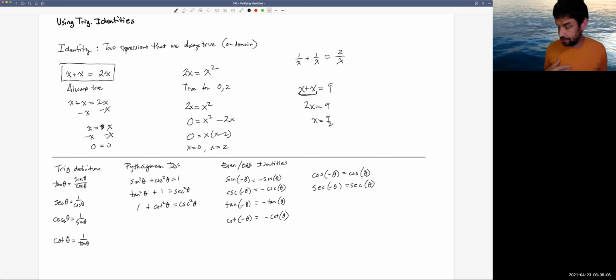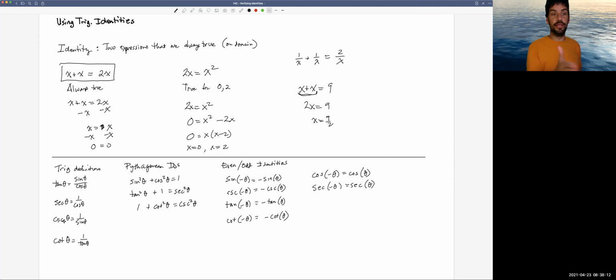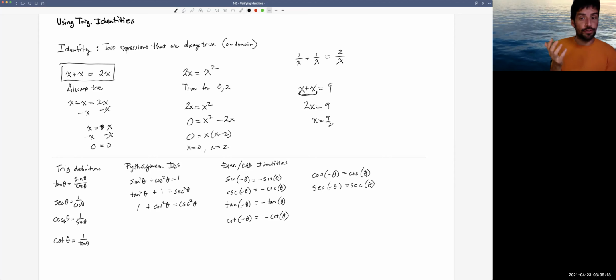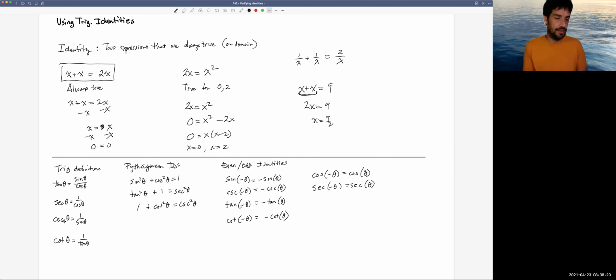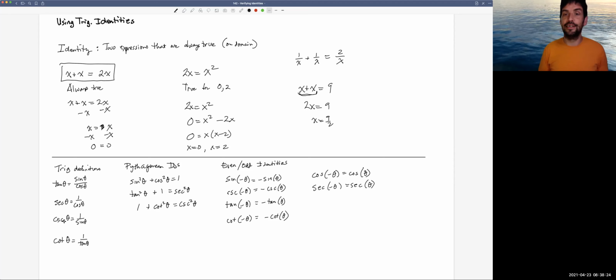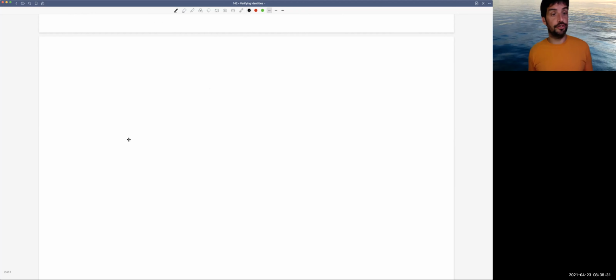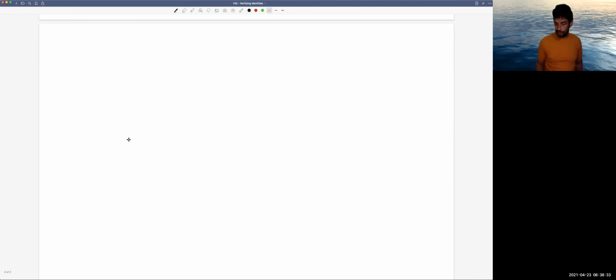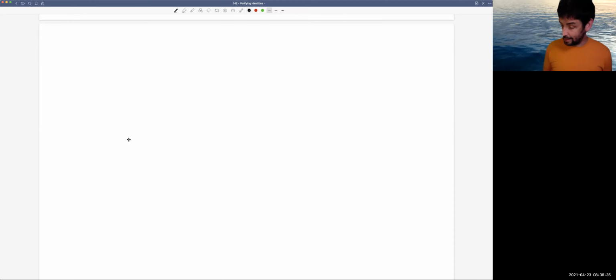I think of these kinds of exercises a little bit like, if you play a sport, if you play soccer, you might practice dribbling around a row of cones, right? It's something that never happens in a game, but we all recognize it's a useful skill to practice. This is kind of that. We're just using this kind of assignment of verifying identities as a way to practice manipulating trigonometric expressions using identities.